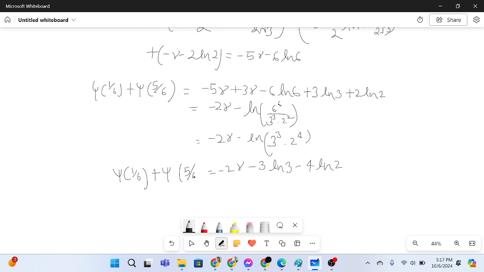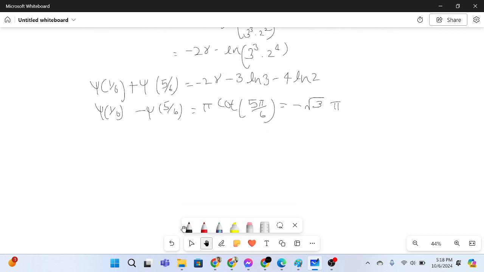Now again from the reflection formula, if I substitute x as 5 by 6, I get digamma 1 by 6 minus digamma 5 by 6 as pi cot 5 pi by 6, right? And we know that cot 5 pi by 6 is just minus root 3. So this is minus root 3 times pi.